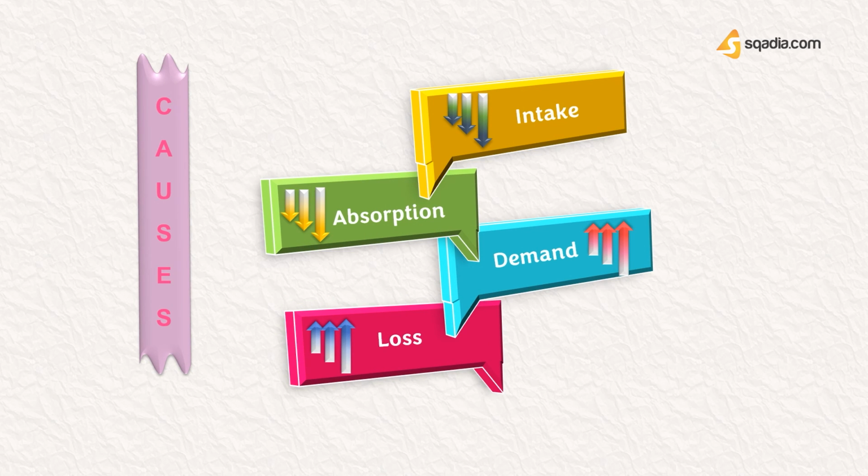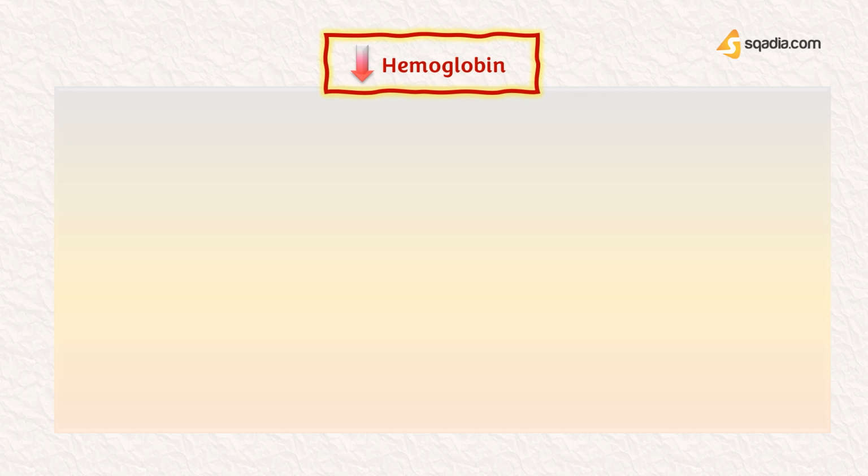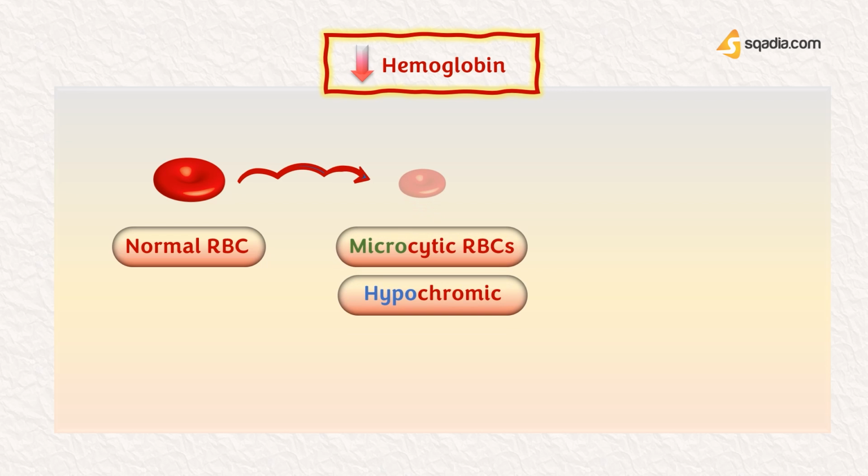All these factors lead to decreased hemoglobin levels. As a result, there will be insufficient hemoglobin to entrap inside RBCs, leading to microcytic and hypochromic RBCs.